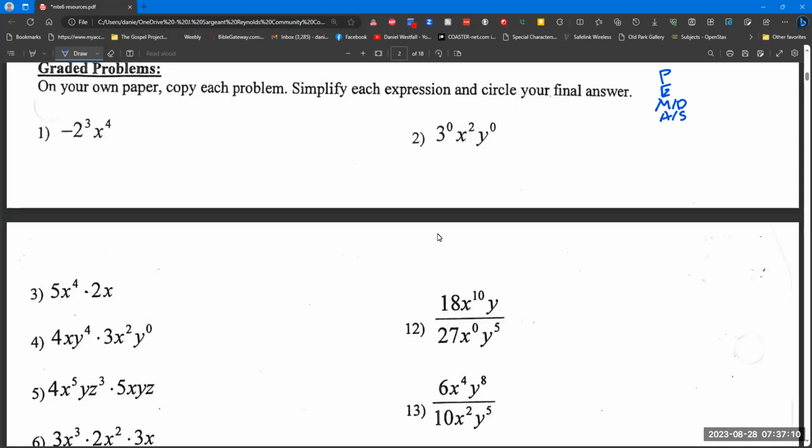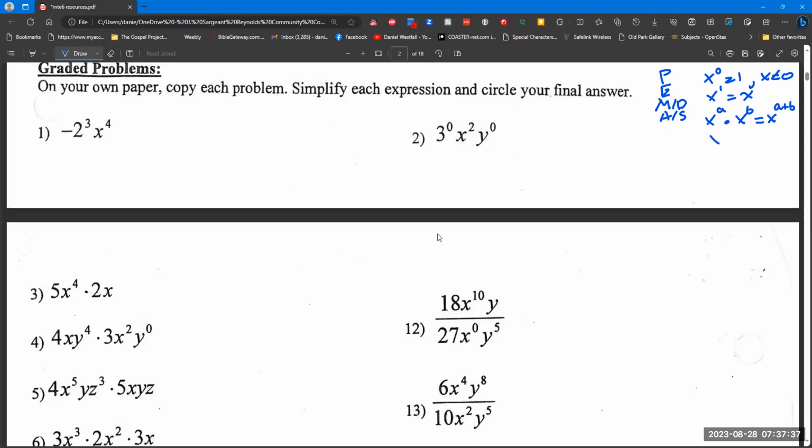Some of our rules of exponents that we're going to be using here is that anything to the 0 power is equal to 1 as long as that base is not 0. Anything to the first power is itself. When I take x to the a times x to the b, that's going to equal x to the a plus b.